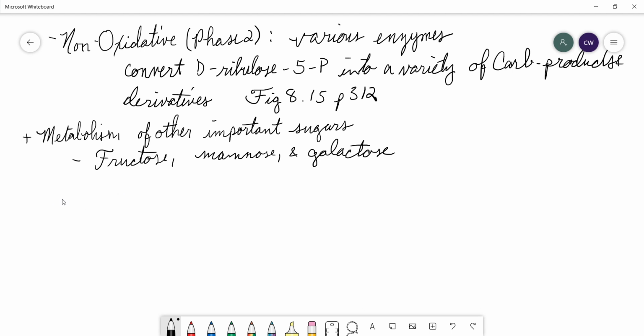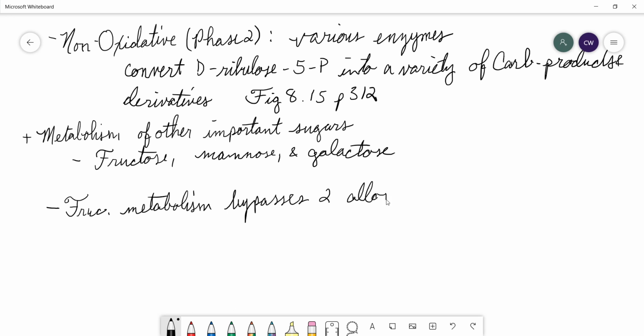Fructose metabolism has some of the most important consequences, because it bypasses two allosterically regulated reactions.